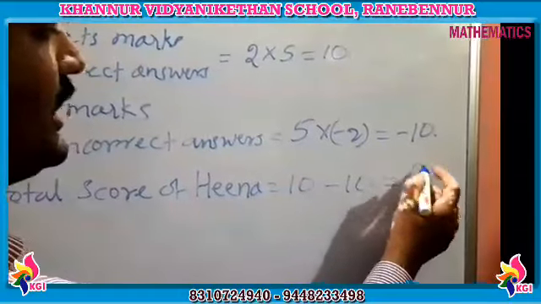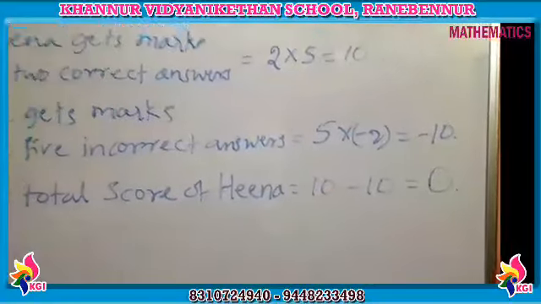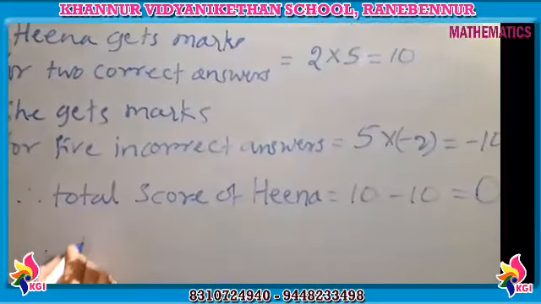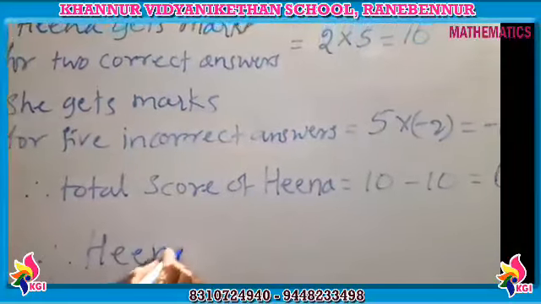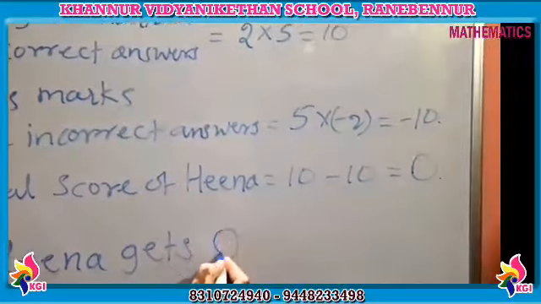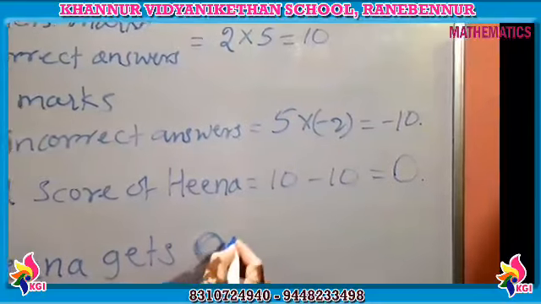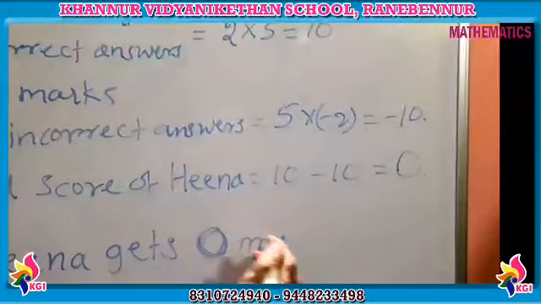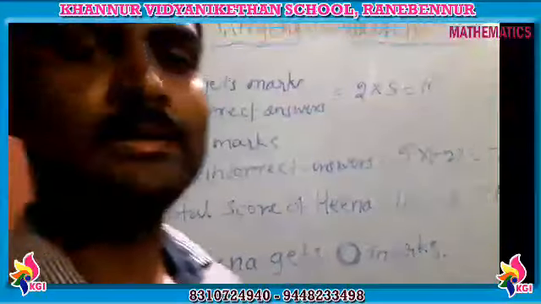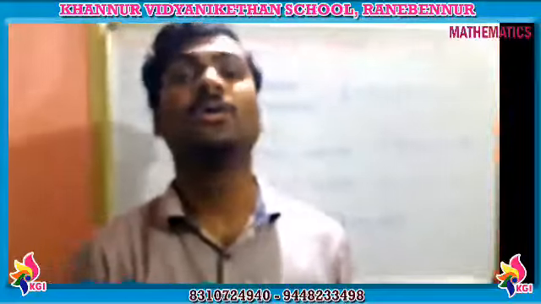Then she has not scored any mark at all. So at the end we have to write the statement, right? Therefore Hina gets 0 marks. Understood, children? So like this we have dealt with the 2 problems.